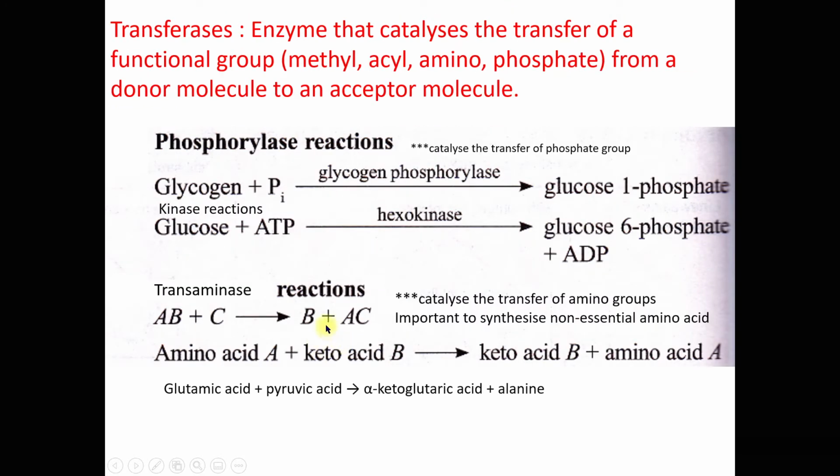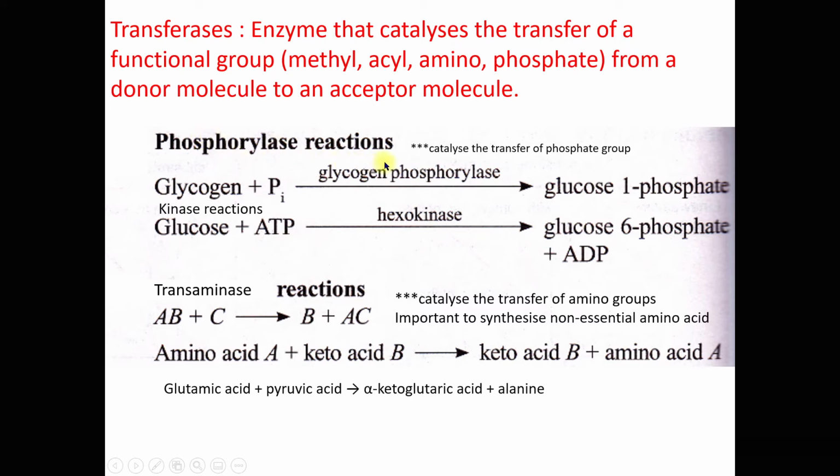Okay, next we have transferase. So meaning to say enzymes that catalyze the transfer of a functional group from one donor molecule to an acceptor molecule. And this functional group can be methyl, acyl, amino, phosphates. Okay, we take three examples here. In phosphorylase reaction, what happens? Phosphorylase catalyzes the transfer of a phosphate group.